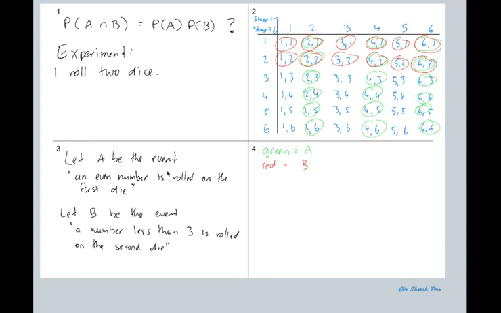So we would have A intersect B. Good so far? Okay, that's the setup.